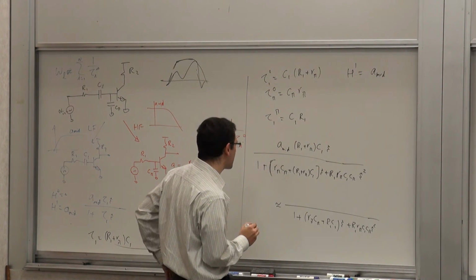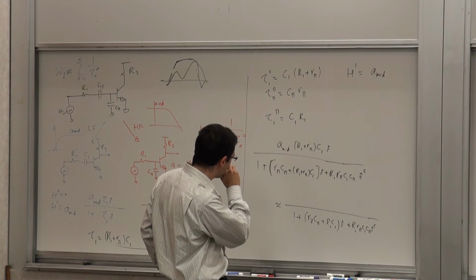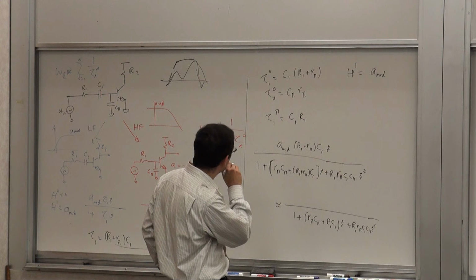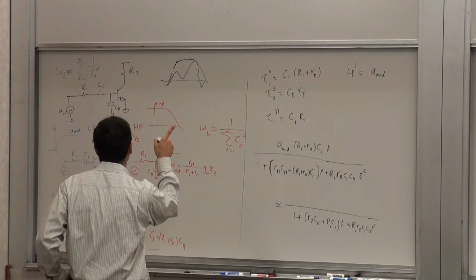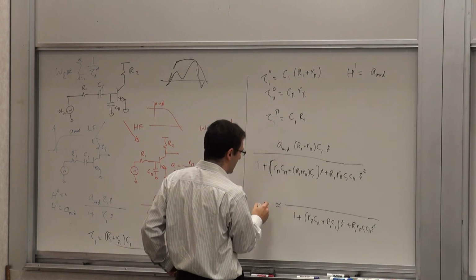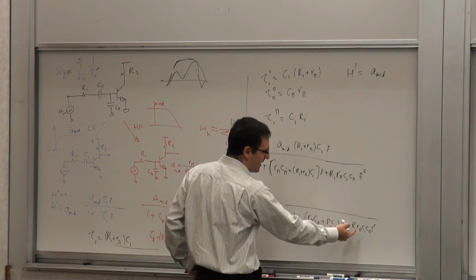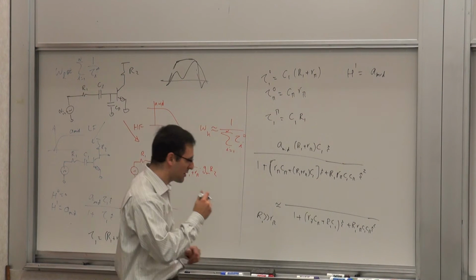I think the condition is that R1 needs to be greater than R pi. Let's see. Yeah, it seems that you need to have that condition, it appears to me. And if that holds, then this should be valid. But it should be valid also for C1. Let me look at this.